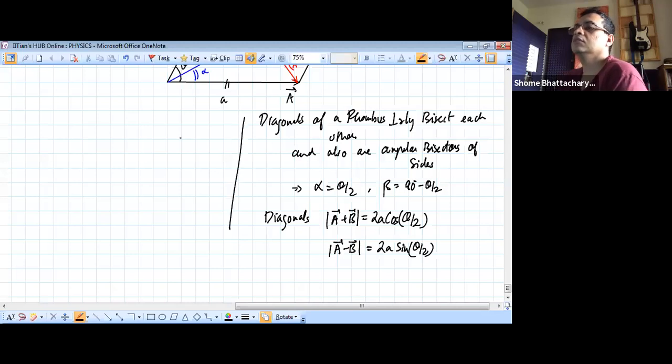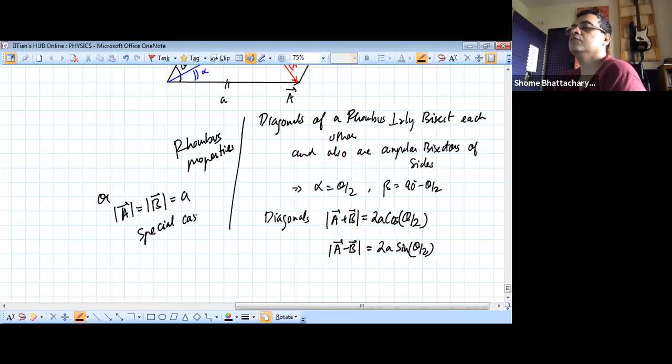So these are the rhombus properties, or the properties when special case of vector addition, vector subtraction, etc. So this is just a quick recap of that concept.